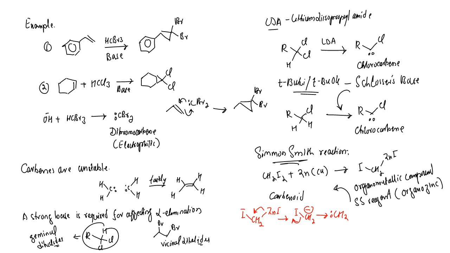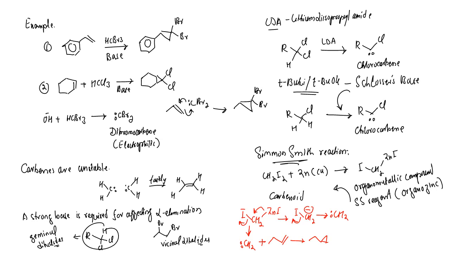So this removal of zinc metal and iodide in two steps can also occur in a single step, like this, and we get a methylene carbene which adds to any alkene compound such as this, and we get a cyclopropane system. So usually the Simmon-Smith reaction is used for synthesis of cyclopropane.